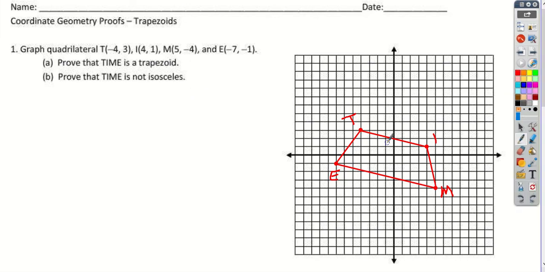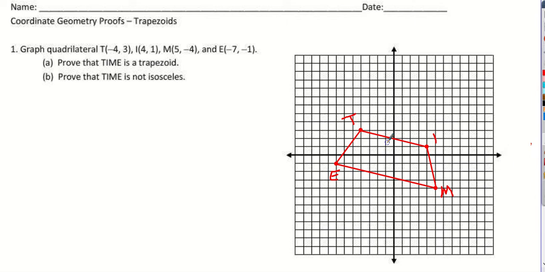So for the first question here, we have our quadrilateral TIME, and we want to show it's a trapezoid. I can already see which sides are going to be parallel in terms of their slopes. So TI and ME should be the same slope, and then TE and IM. So we're going to do the slope, and we'll start with just TI.